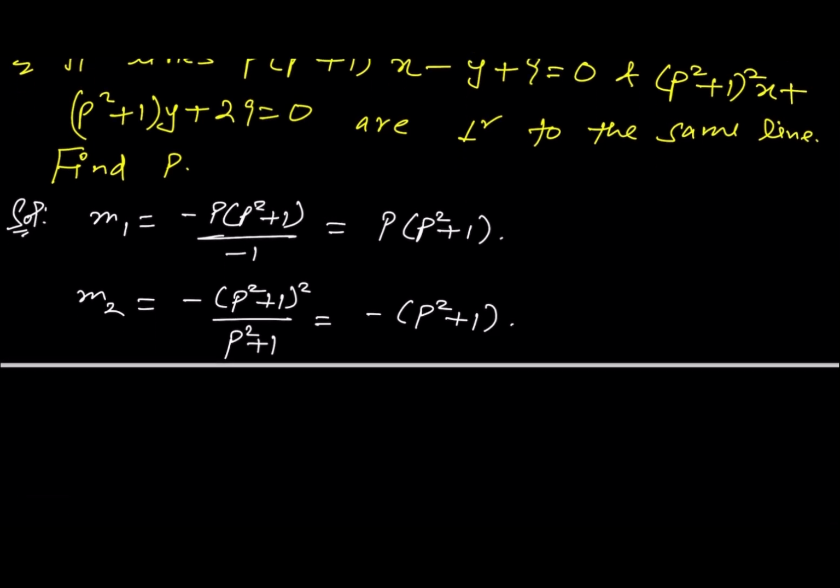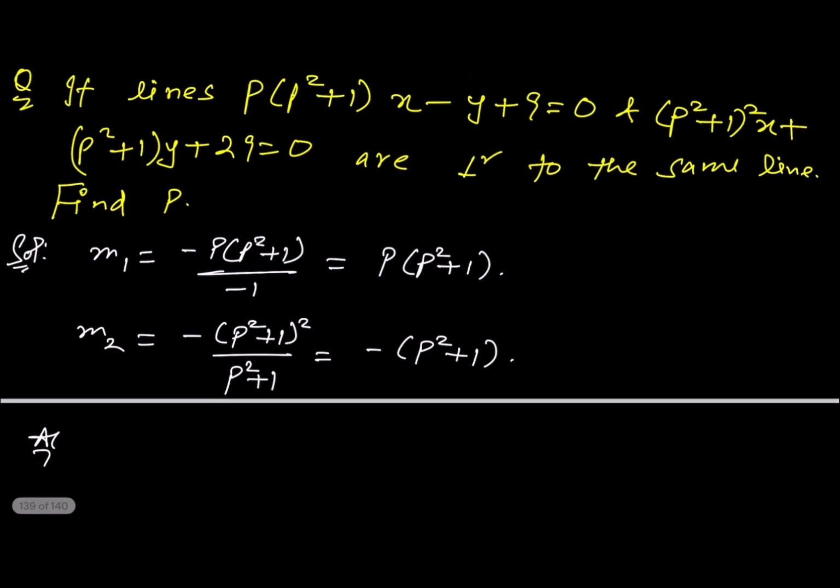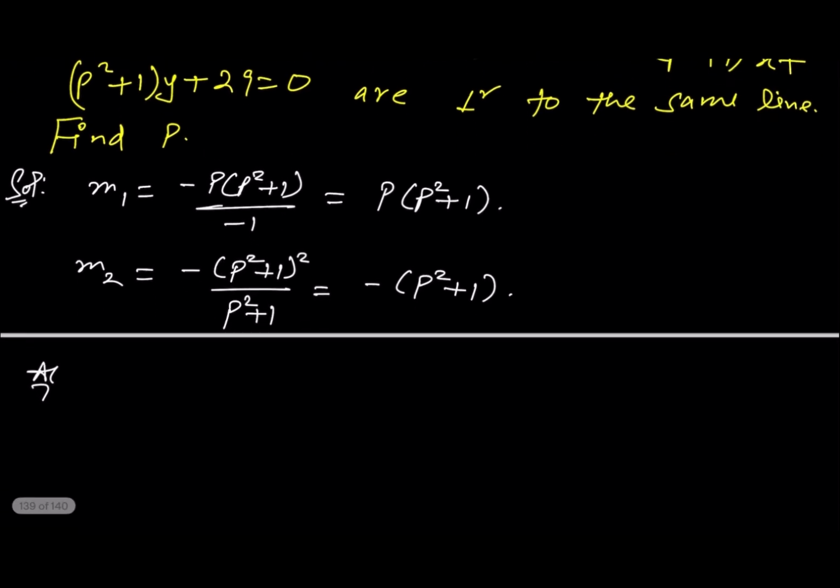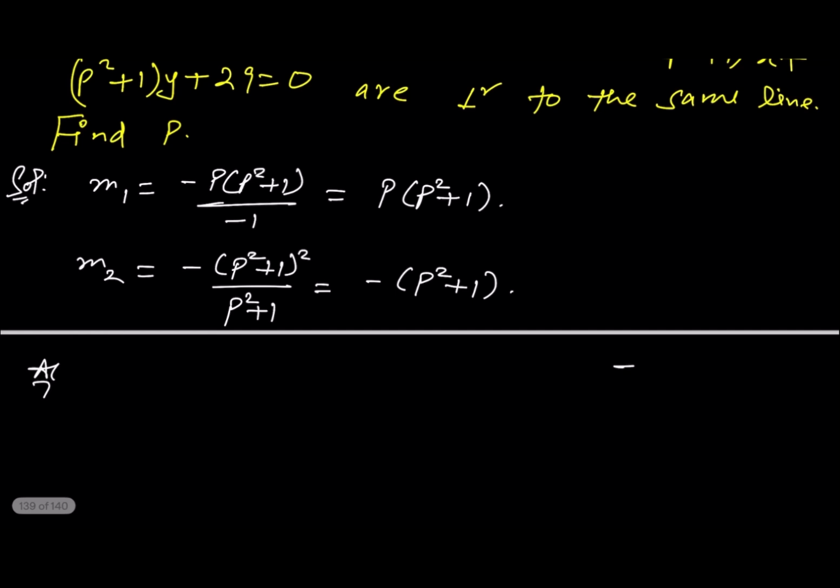Right, now also these two lines are perpendicular to the same line, means the situation is like this. This is L1, this is L2, and both are perpendicular to the same line.